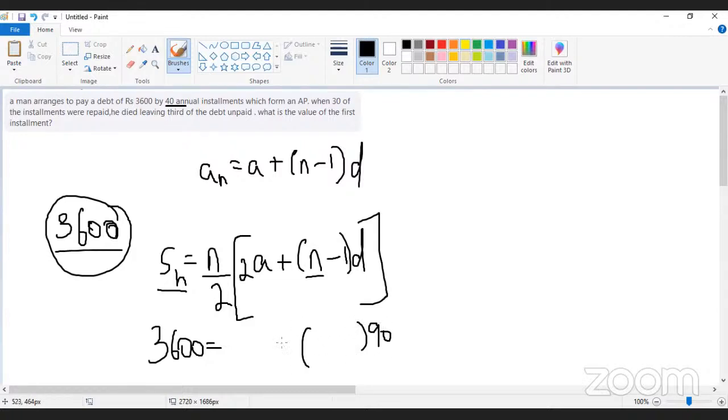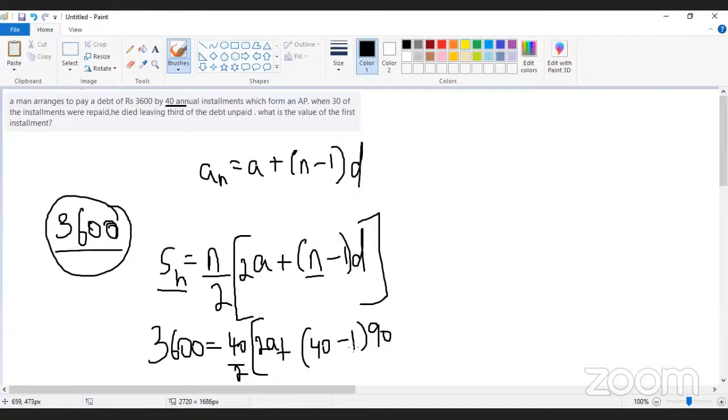What is the a value? We don't know. The n value is 40 by 2, since the total is already given. What is the amount paid at the initial? That is again a, we don't know that. So this is 40 minus 1. So find the a value.